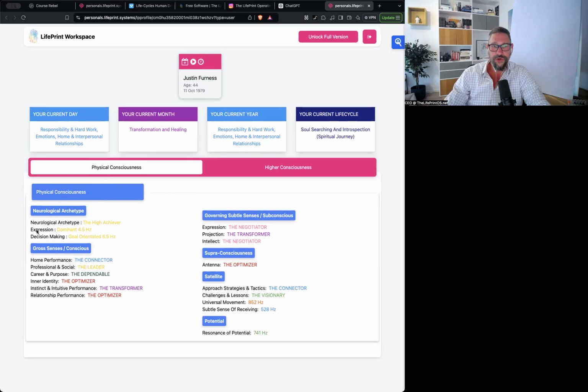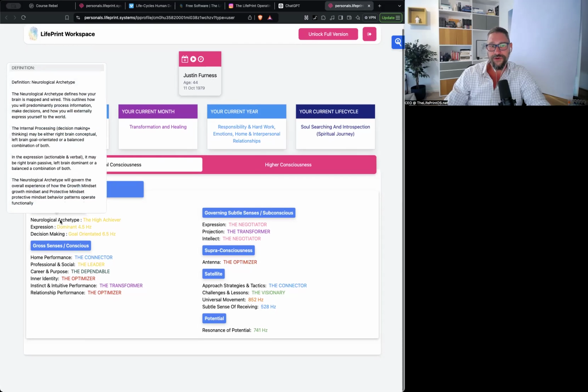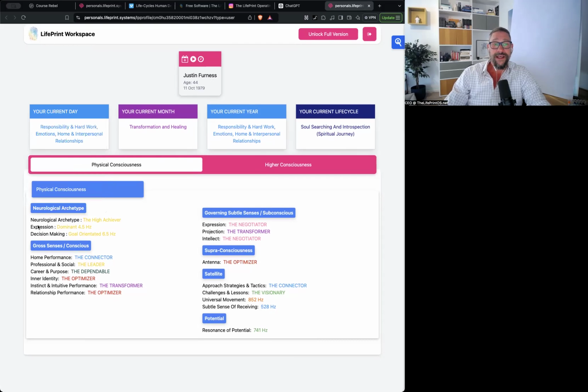The next thing you'll notice is that out of that neurological archetype, there is an expression, and then there is a decision-making. The decision-making is the internal processing: conceiving information, interpreting that conception, as well as perceiving information from the environment, something that is not internal insight, but rather a causative factor of being and engaging in our environment.